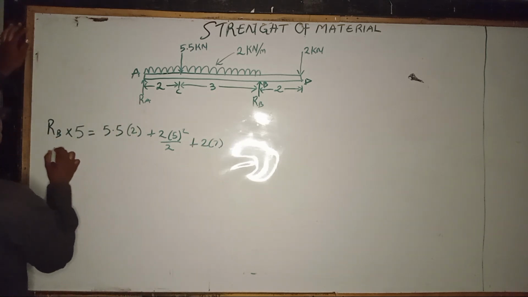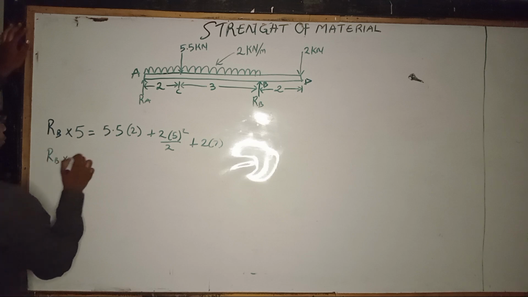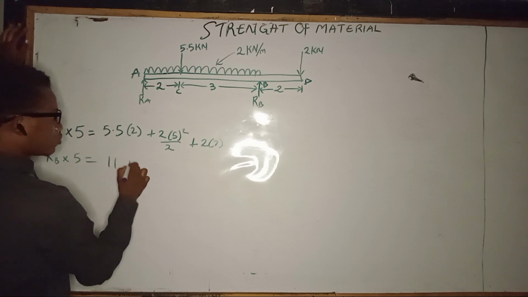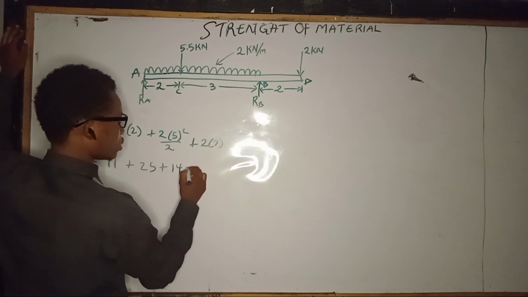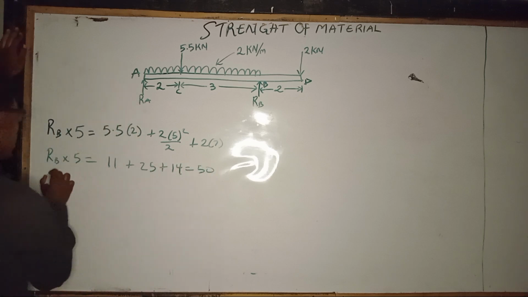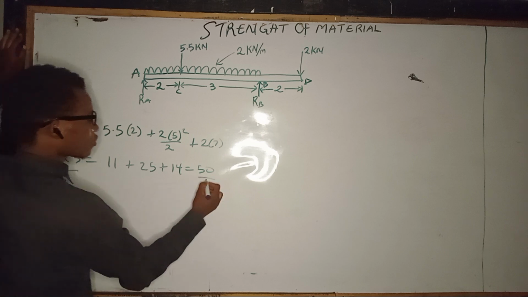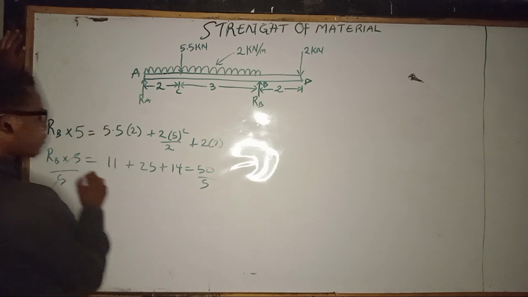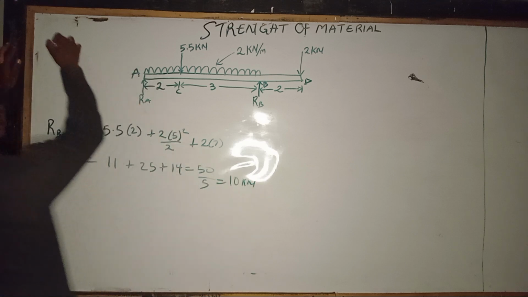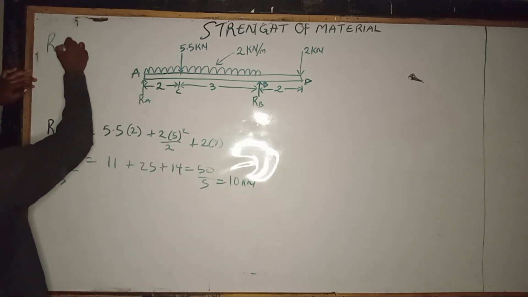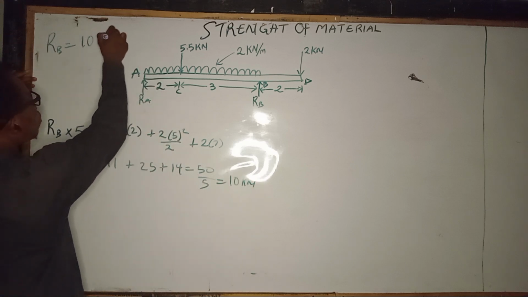So we have RB times 5 is equal to 11 plus 25 plus 14, which is equal to 50. Divide both sides by 5, and that is equal to 10 kilonewton. So our reaction at B is equal to 10 kilonewton.